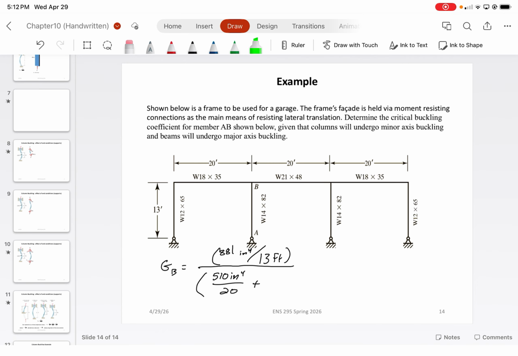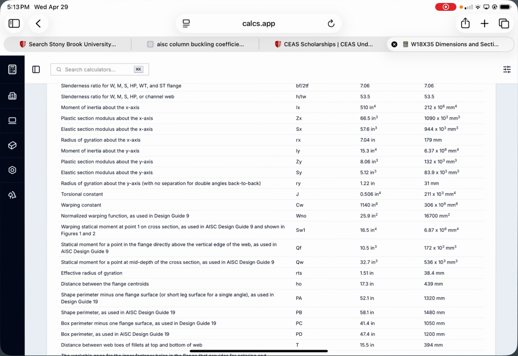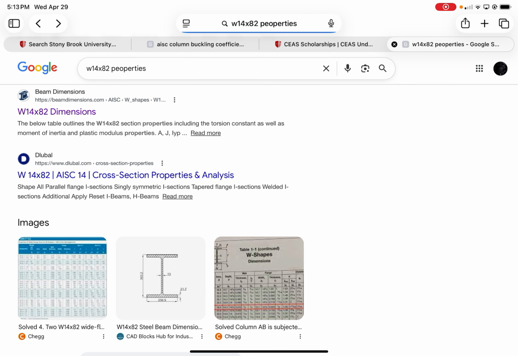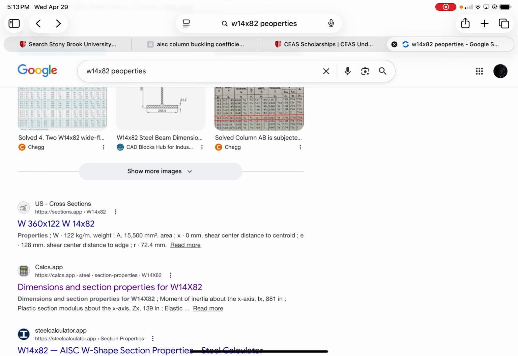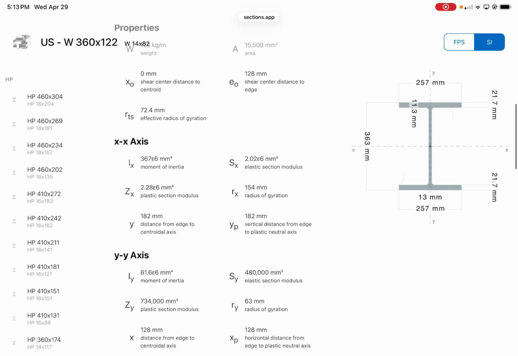I also just noticed I forgot to entirely mention this: the type of bending that the member will undergo is dependent on your I value. So I forgot to mention that the columns undergo minor axis buckling, so that's technically incorrect. That was the IX, so we should be using IY. Did anyone happen to catch what the IY value was for W14 by 82?